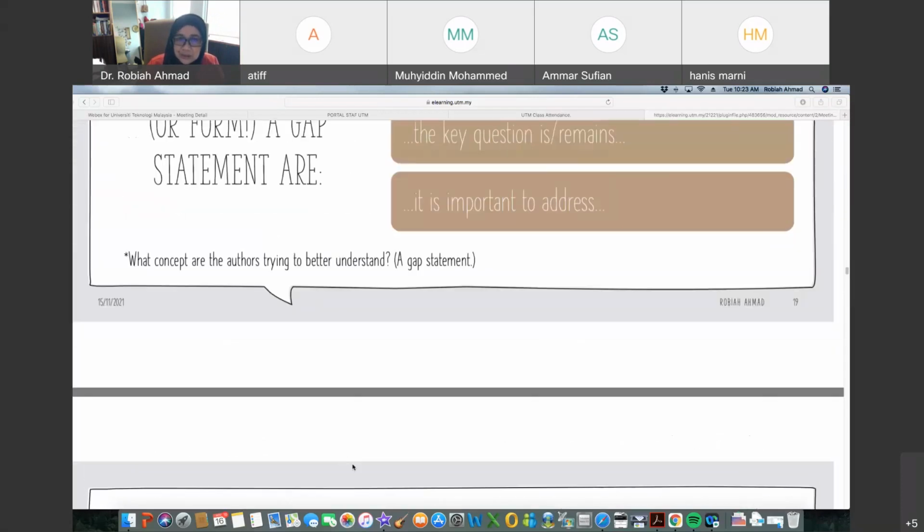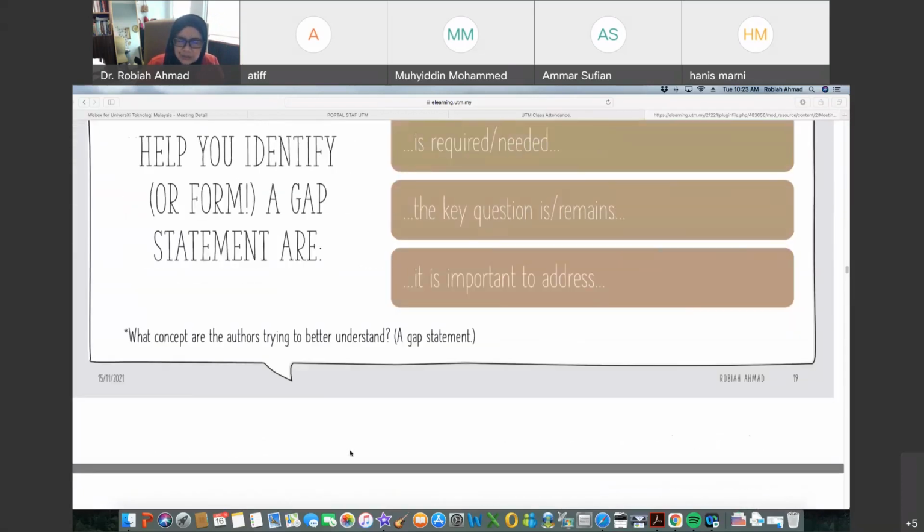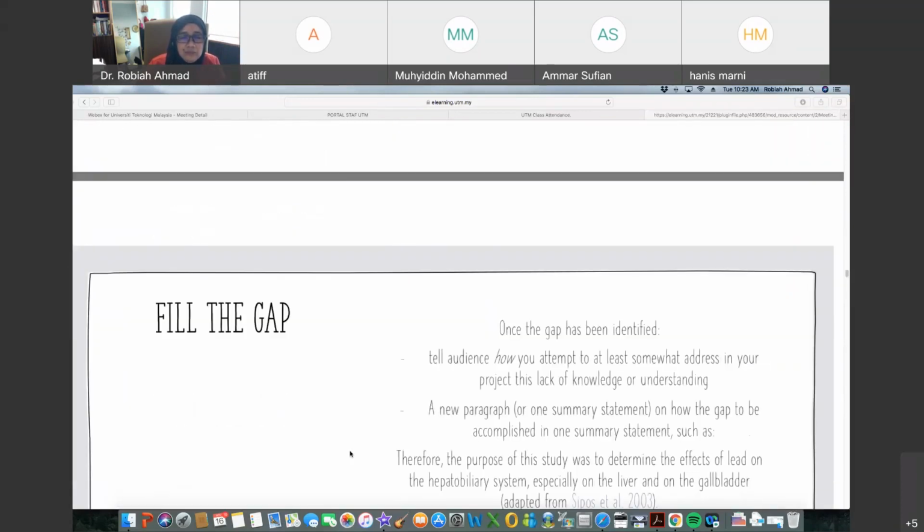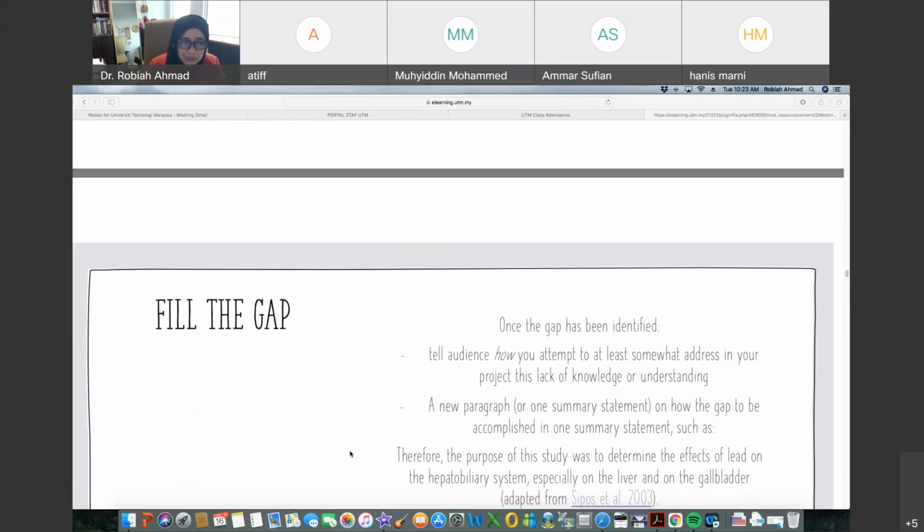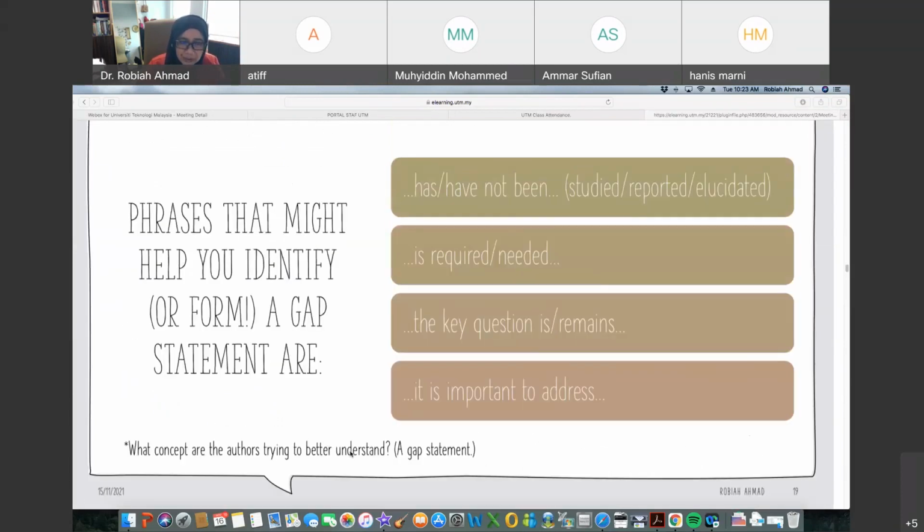Okay, so in the literature review and proposal defense, we look at the gap and the field. How do you get that gap and field? Through your literature review. So that's why in the proposal defense, the three most important parts, introduction, literature review, and methodology, are the ones that you have to submit.